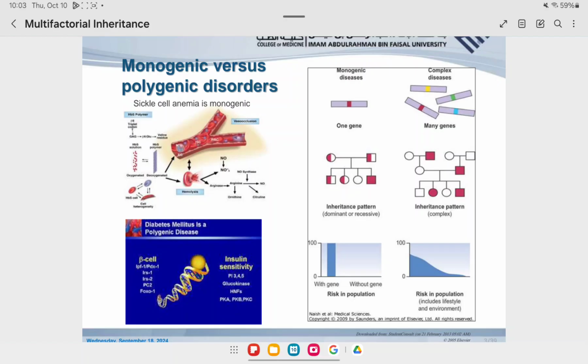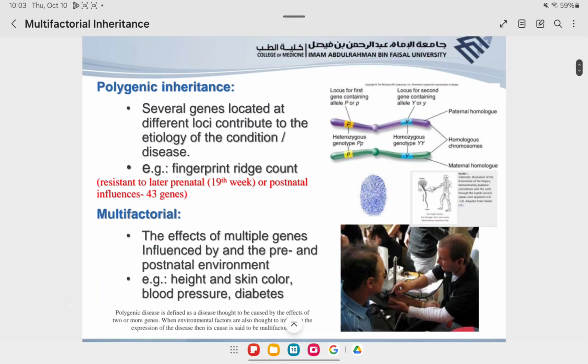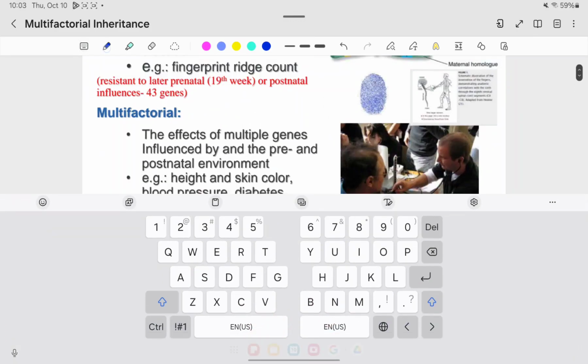So the big diseases, the diseases which we see in the hospital, are usually complex, polygenic diseases.